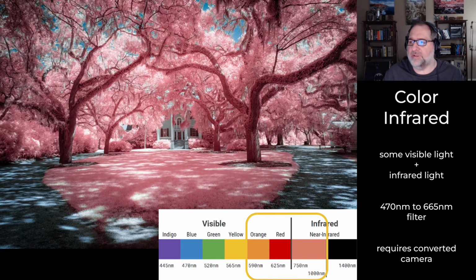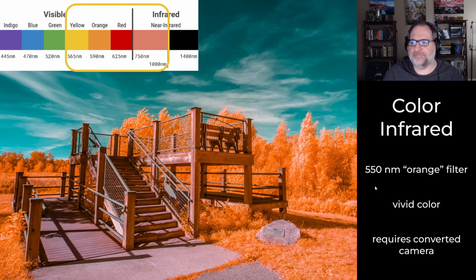There's a lot of filters that give you those varieties of saturation. Most of the infrared that I've shot is with a 590 nanometer filter, so it's capturing the orange, red, infrared, and I find that this gives me a lot of flexibility, lots of color, lots of blue skies, lots of opportunity.